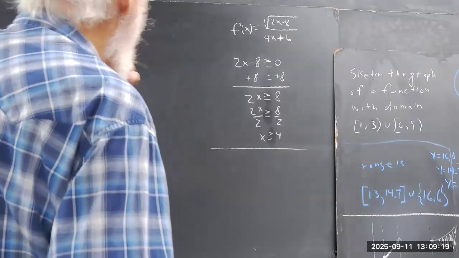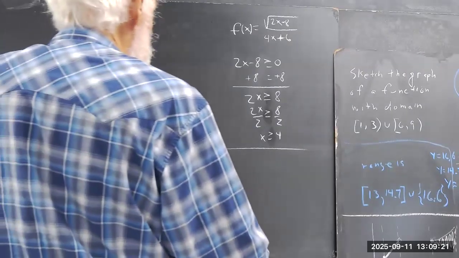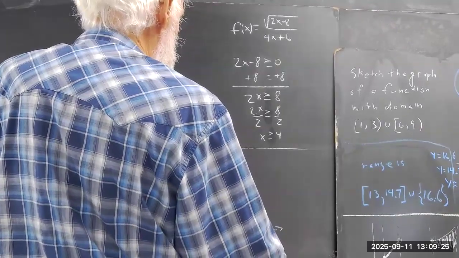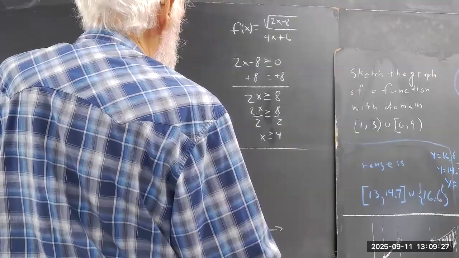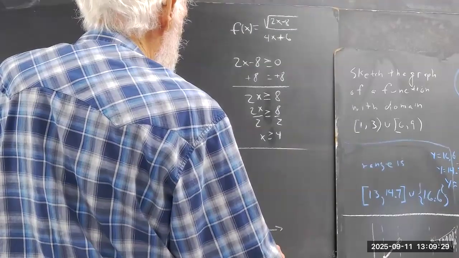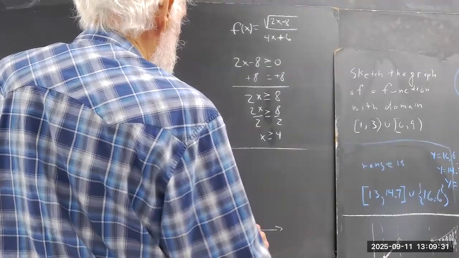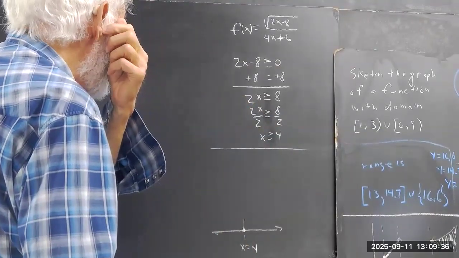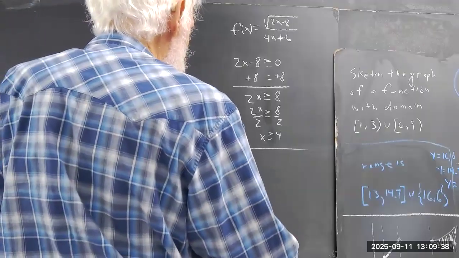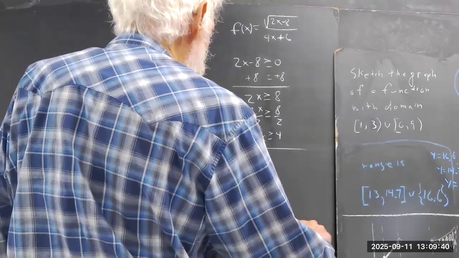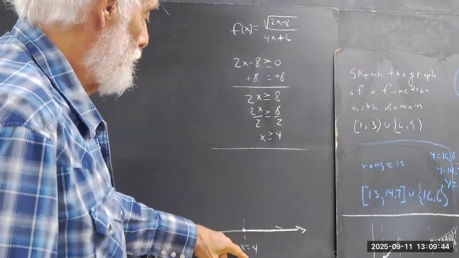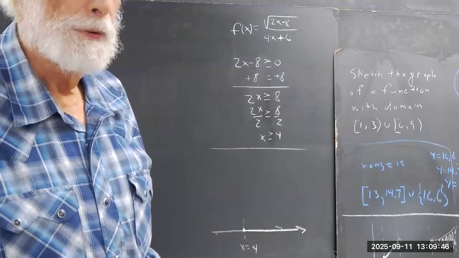Now at that point, I would sketch a graph of this thing. Here's where x equals 4. And this says x is greater than or equal to 4. And then anything greater than or equal to 4, that's represented by the arrow.